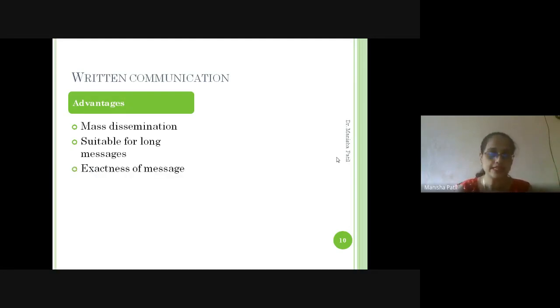Next one, exactness of message. Because it is printed, it is written down, it does not change. Even after you go back to a book after 10 years, the words over there are going to remain same.